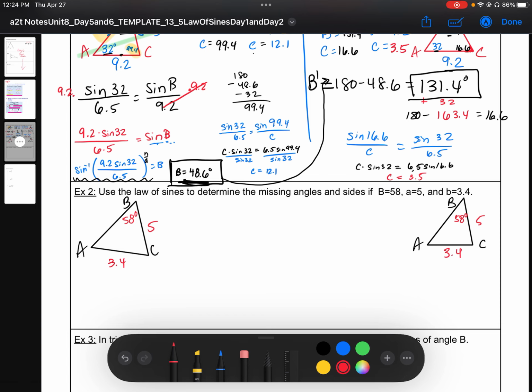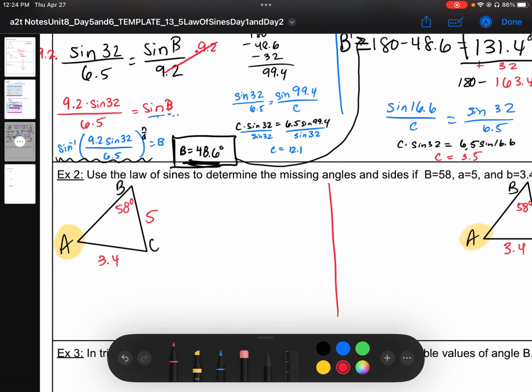All right. So let's go ahead and tackle this, finding angle A. Let's figure out what angle A could possibly be. So I'll start with my triangle on the left. I'm going to do sine of 58, so using angle B, over side B equals sine A over side A, 5.